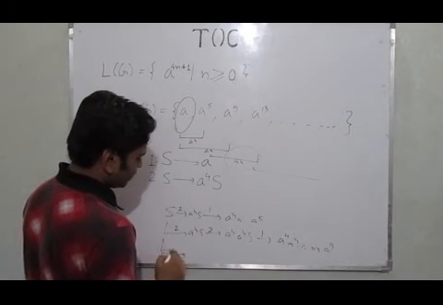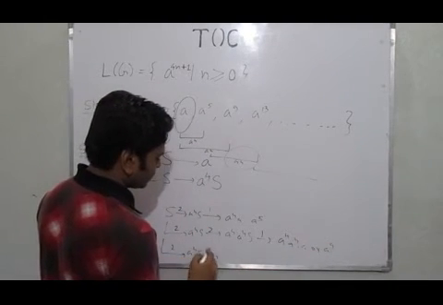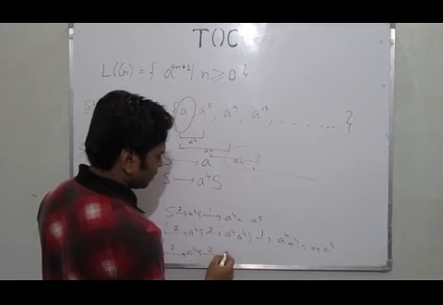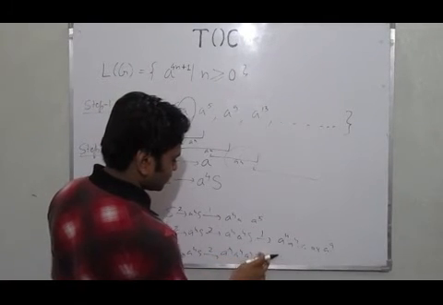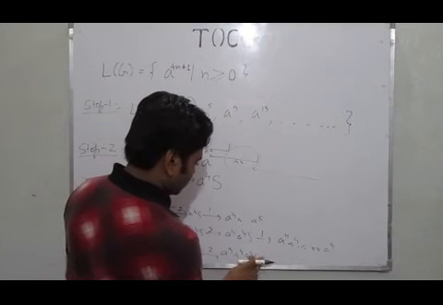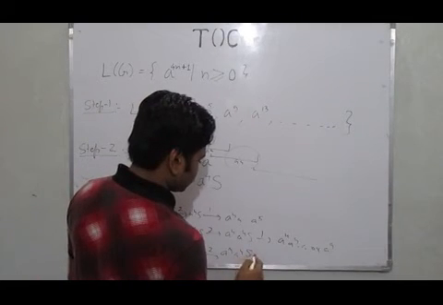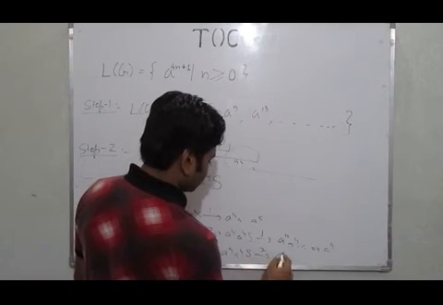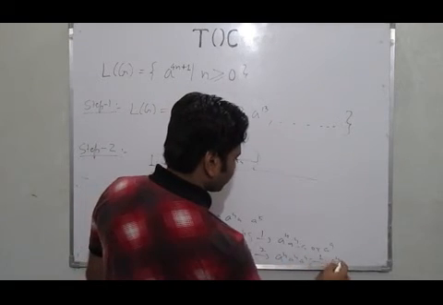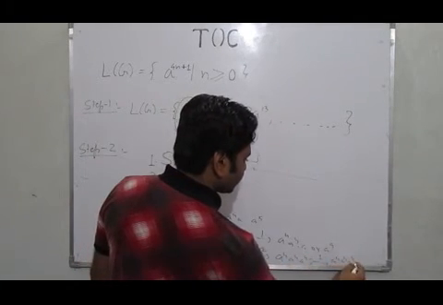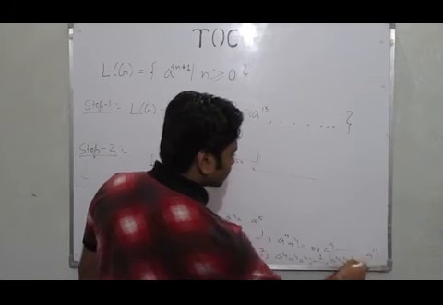Similarly, I can obtain A4, A4, A4S this time, and then A4, A4, A4, A.